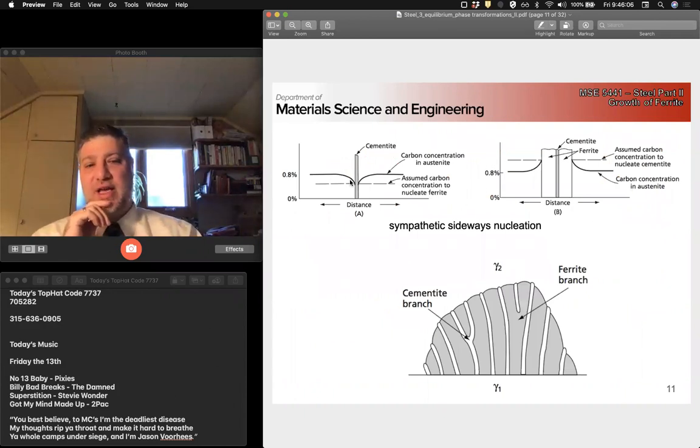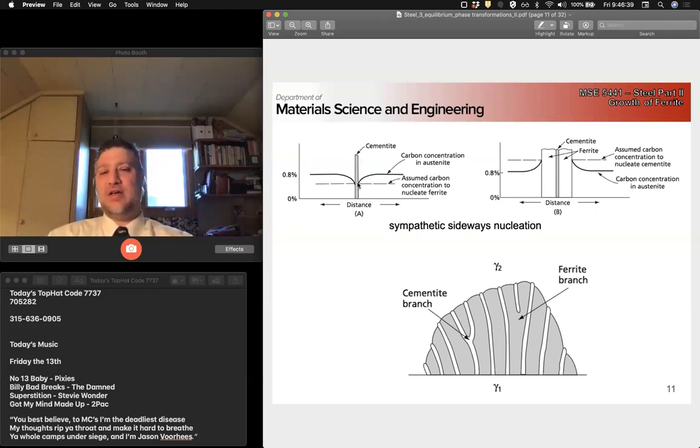So essentially, as we're growing cementite, the carbon is depleted from our austenite, and it goes down. And eventually we get to a carbon concentration that's low enough that I nucleate a ferrite right next to it, right? I don't have to partition nearly as much. My activation energy to nucleate ferrite is decreased because my carbon concentration locally is much lower.